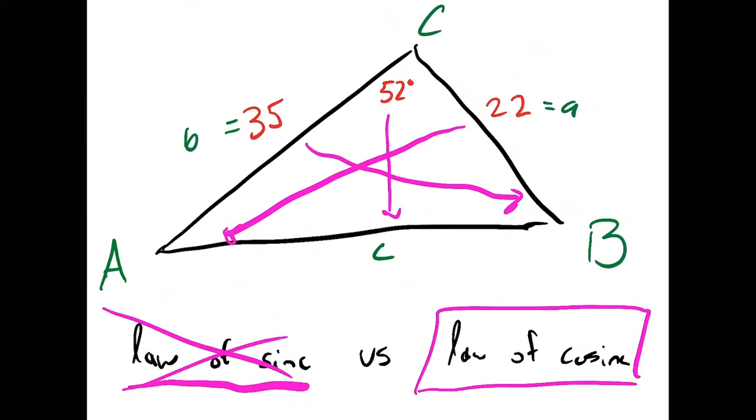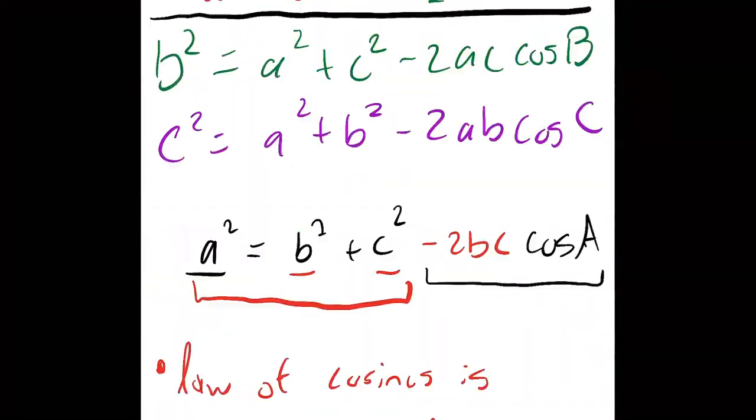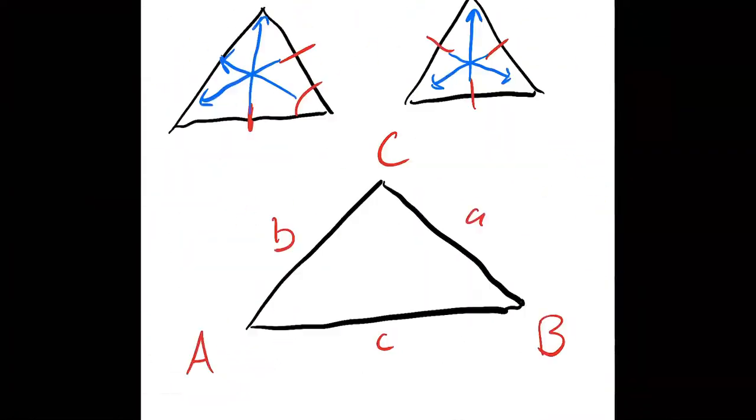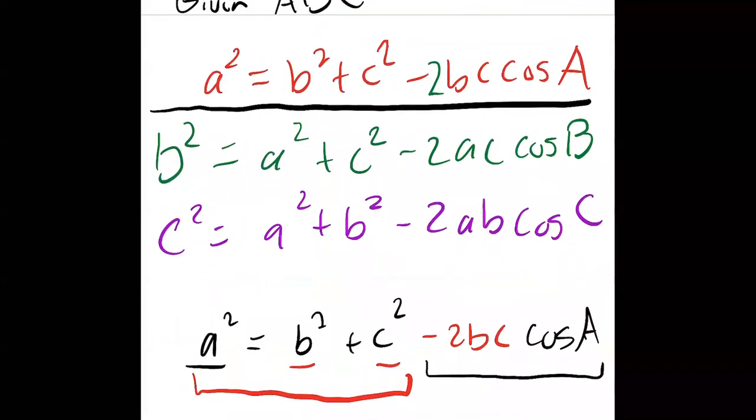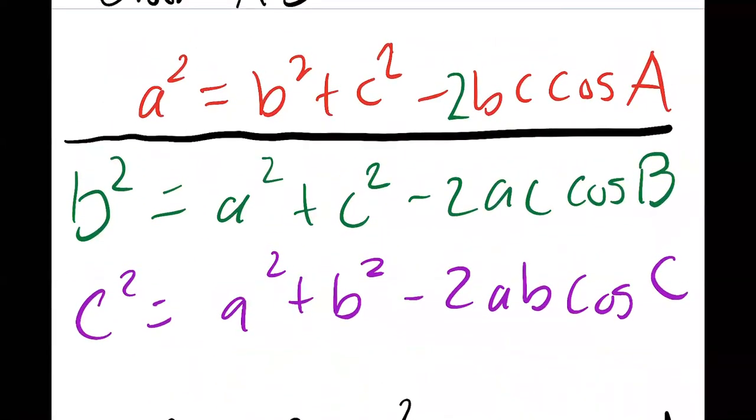And remember, let me scroll way back up to the top, back to where we just looked at the law of cosine. Okay, so here were our equations. Whenever you're trying to decide which one you want, what you want is a side and an angle here. If you have one of those and the other two sides, then you're good.